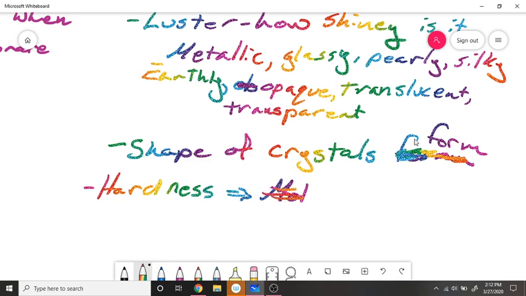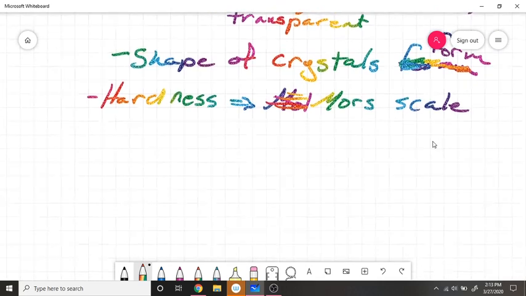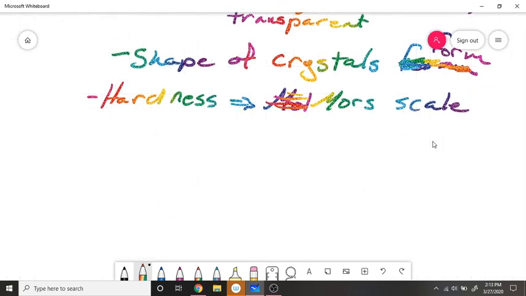I am having trouble writing this afternoon. Mohs scale. This is a relative ranking. Once upon a time, Mohs was a geologist, and he said, we should rate them on how hard or soft they are. We'll give them numbers 1 to 10.